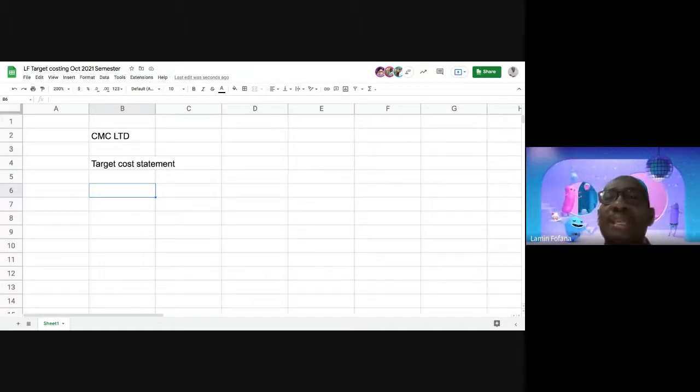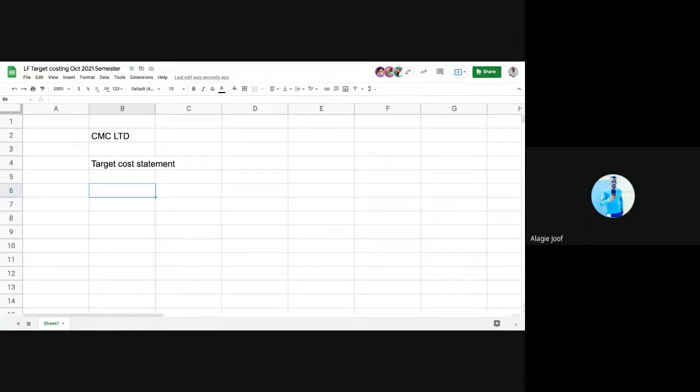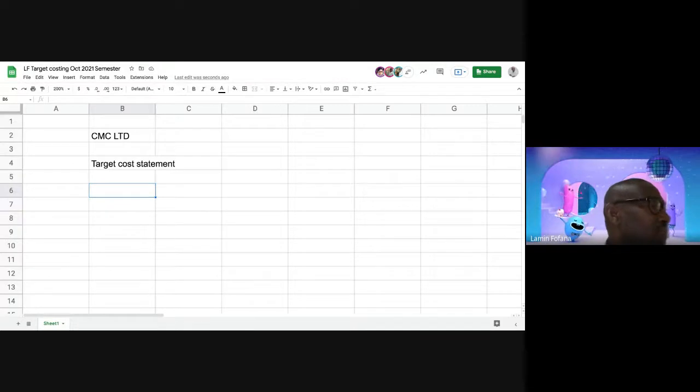We've already got our selling price, after market research. What's the selling price? It's 20,000 pounds. They've gone around the market and compared the selling prices of the type of car they want to produce, and on average they came up with this price of 20,000.